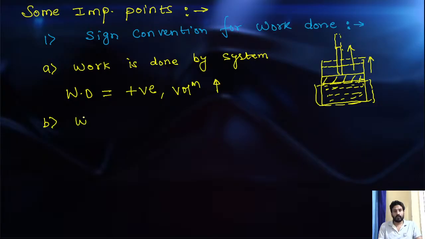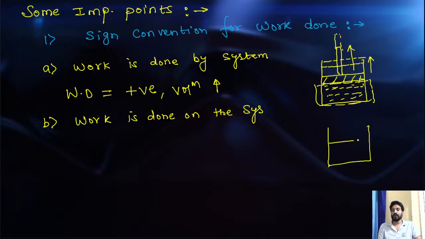Second, if work is done on the system, right? What is the meaning of work done on the system? Let's suppose again this is my cylinder piston arrangement, and the surrounding is applying some force onto this piston so that this piston goes in the downward direction.